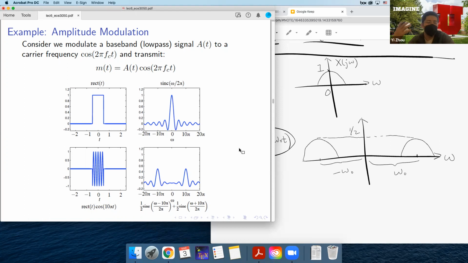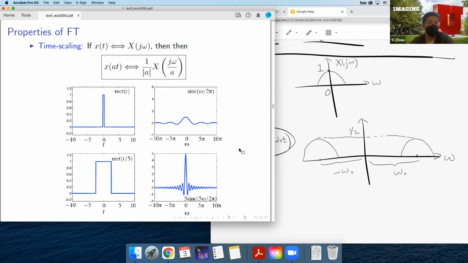So this is how you modulate a signal to a higher frequency band in signal processing. Okay, and we have further properties. This is the time scaling property. We're basically saying that if we scale the signal in the time domain by a time scaling factor A, then the corresponding spectrum in the frequency domain is also scaled.